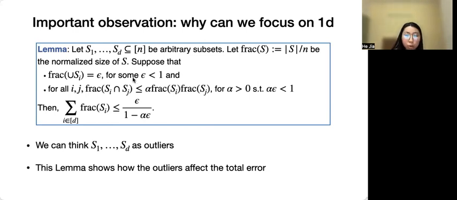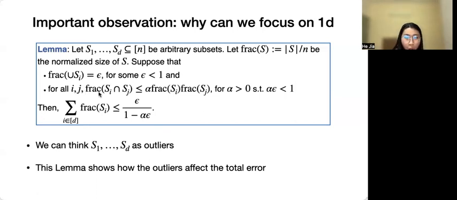And because those outliers are bounded by the epsilon fraction, we know this epsilon is the exact corruption fraction in our problem. So we can see that the total error is bounded by a constant times epsilon, if we make sure that it satisfies this condition.